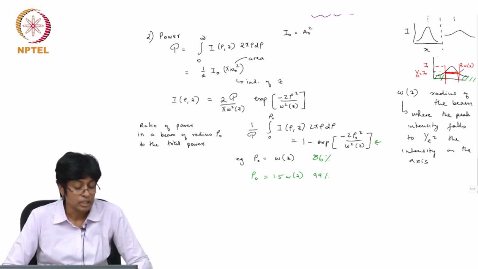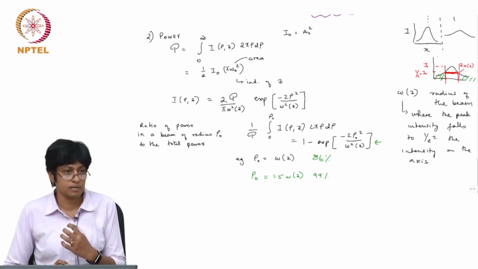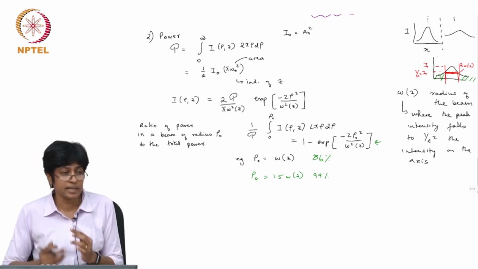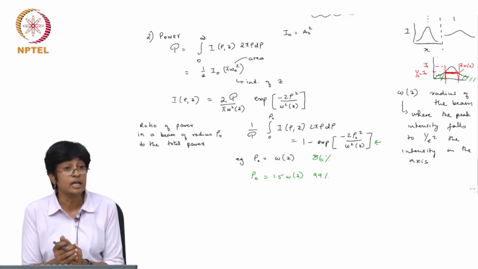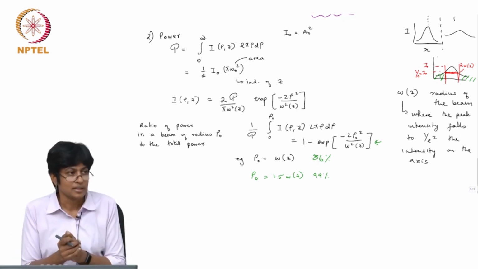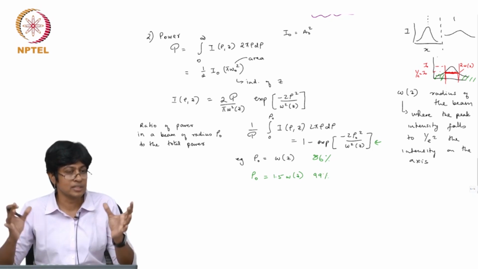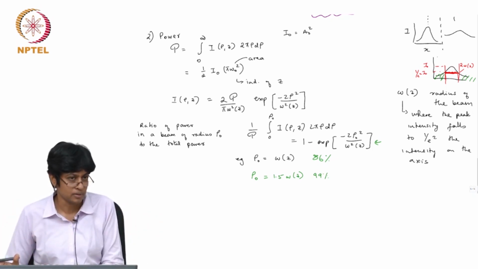So you're not constrained to design your optics saying the equation tells me the radius of this beam is omega of z, so all my optics in the system will have radius omega of z. This just gives you an idea of the size that contains at least 86% of the power.